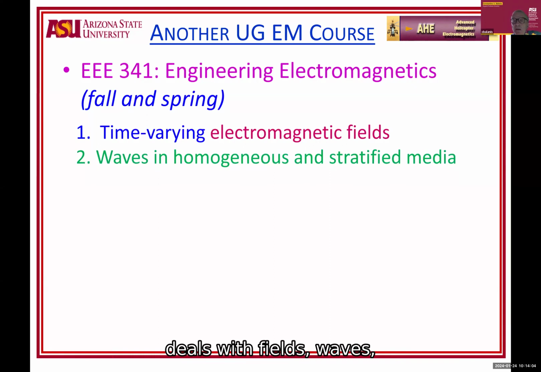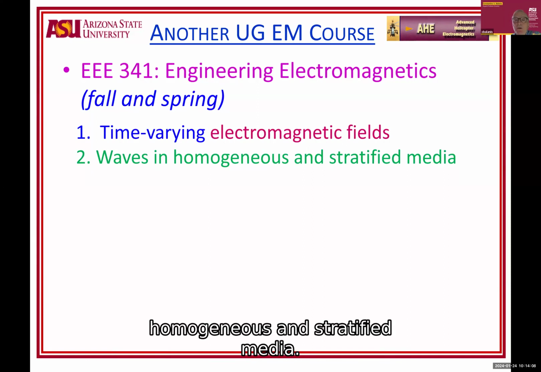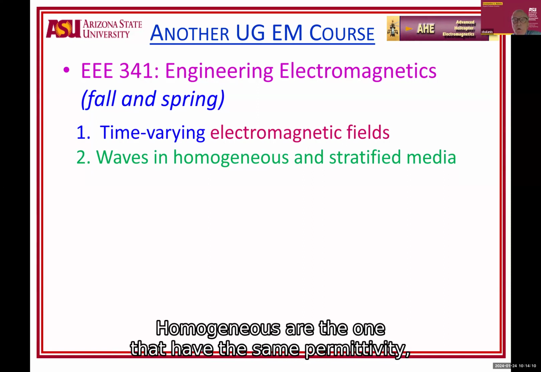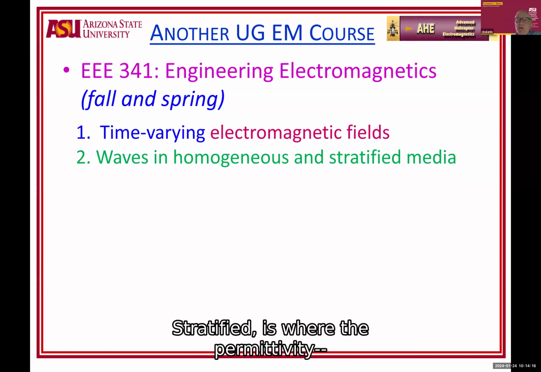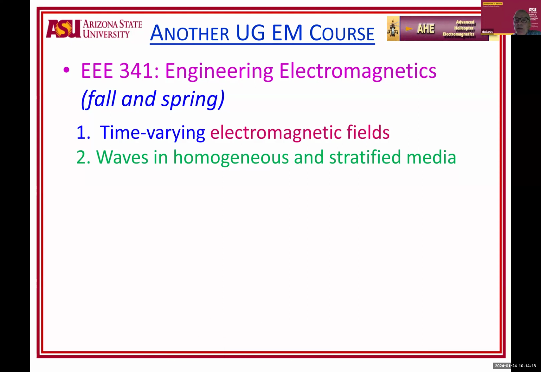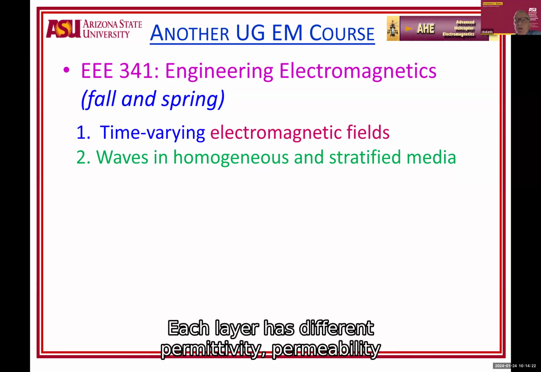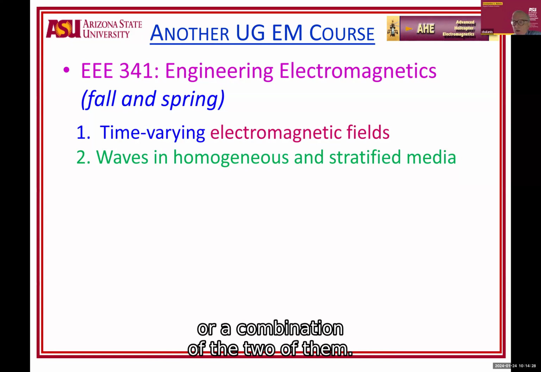Deals with the fields, waves in homogeneous and stratified medium. Homogeneous are the ones that have the same permittivity or permeability, for example. Stratified is where you can represent the permittivity in layers. Each layer has different permittivity, permeability, or a combination of the two of them.